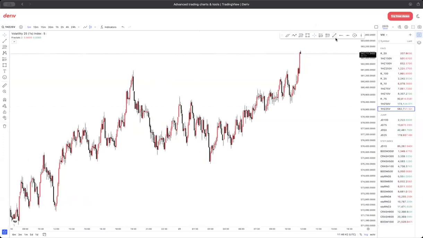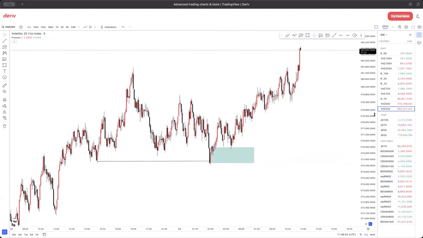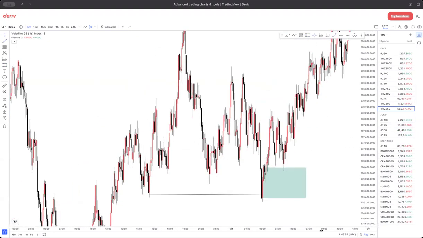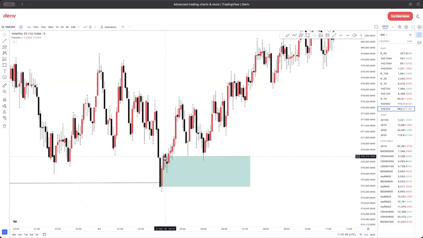Now look at this setup. I think I have this setup on V. You have a sweep of liquidity here. Now, this is my order block. Why will I not choose this order block again? Because it has been mitigated. Once you're choosing your order block, if you've seen that it has been tapped into, know that that order block is not likely to hold, because it has already been made use of.